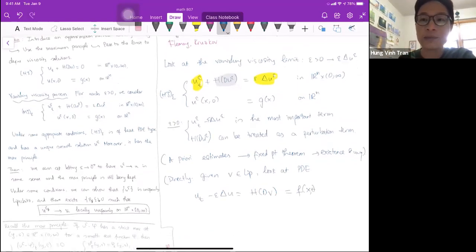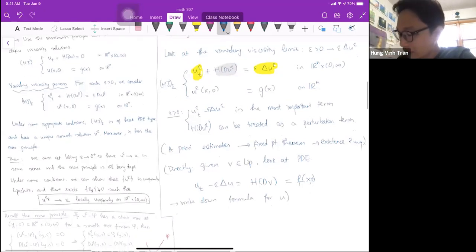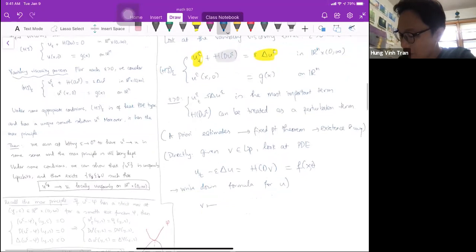Then you can use the representation formula for u. We do have a formula for u here, and by the Duhamel formula, Duhamel principle, you write out the formula and you run the fixed point theorem directly, because what you're doing here is that you have a map v maps to phi of v, which is u, and then you prove that this map phi has a fixed point.